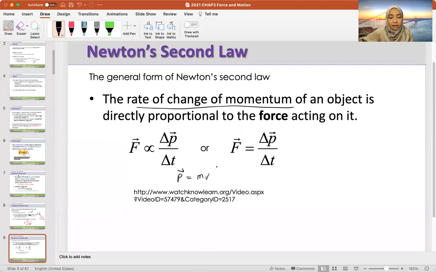P is a vector, velocity is a vector. Okay, when you have a change in P, you don't know where the change comes from. Is it from the mass or is it from the velocity? We will discuss this later. So again, force is proportional to the change in momentum over the change in time.